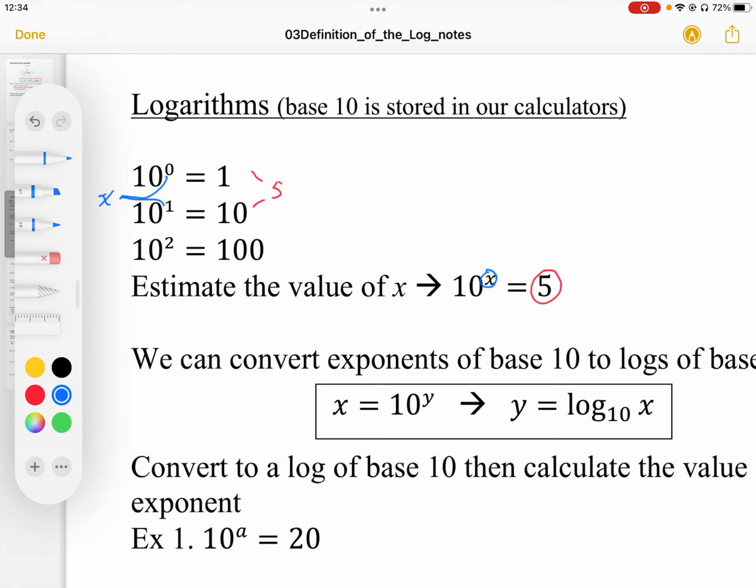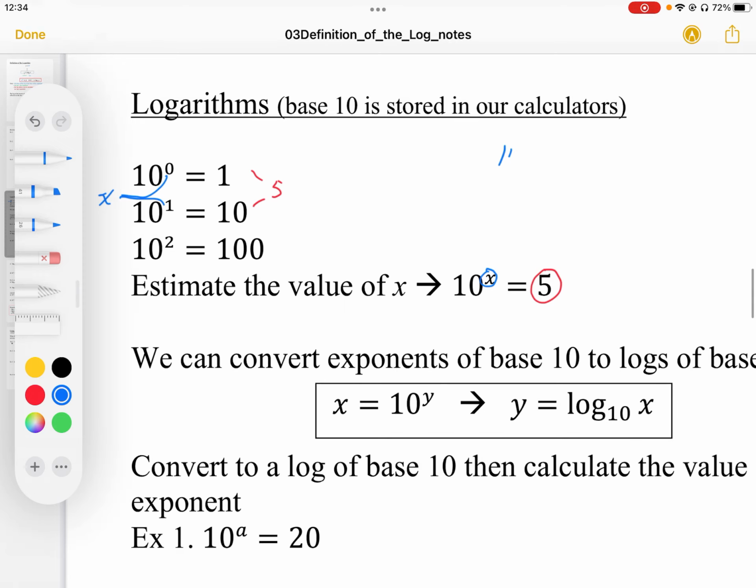And we can guess at this. We can say 10 to the power 0.5. If we take the square root of 10, we end up with 3.16. And then we can guess a bit bigger. We can say 0.7, and 10 to the power 0.7 is going to be 5.0118, etc. And we can then guess a little bit lower, 10 to the power maybe 0.65.